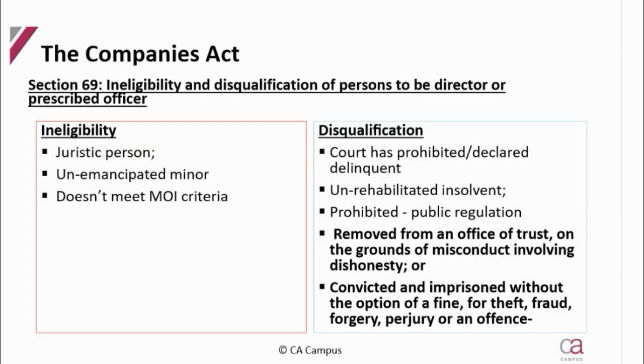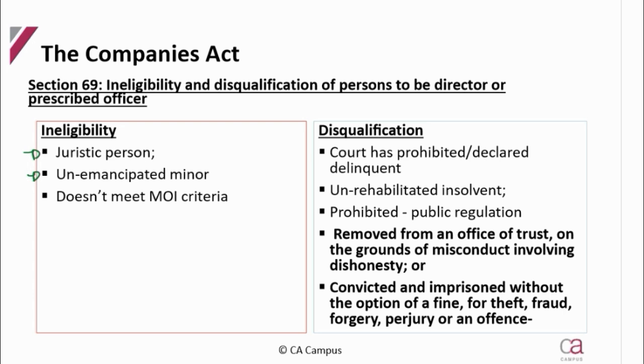Ineligibility and disqualification of persons from being directors. So guys, in a question you see that a director is a company or a partnership, a juristic person, it can't be. Or the director is a minor who is still represented by his parents. That's what unemancipated means.